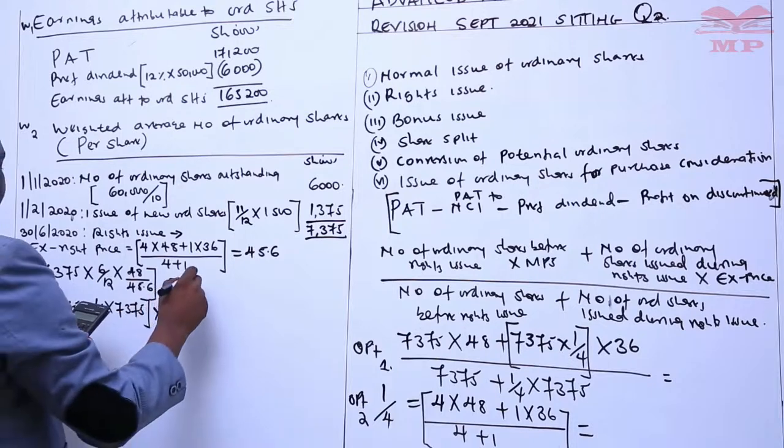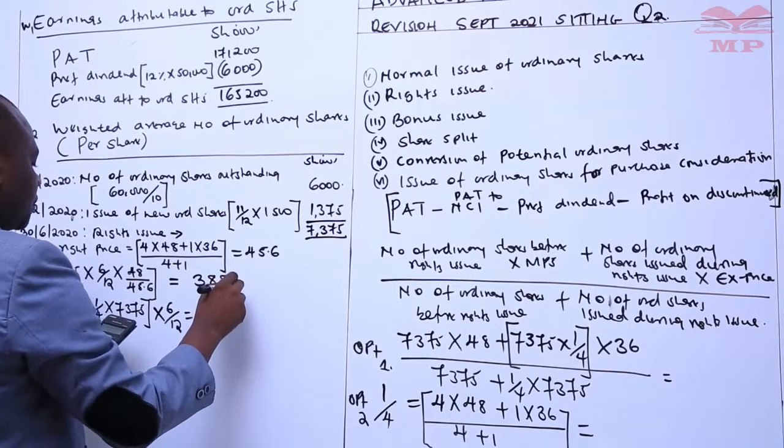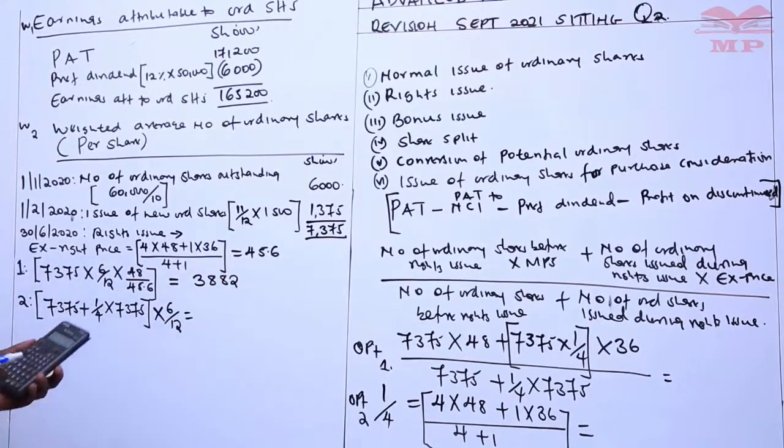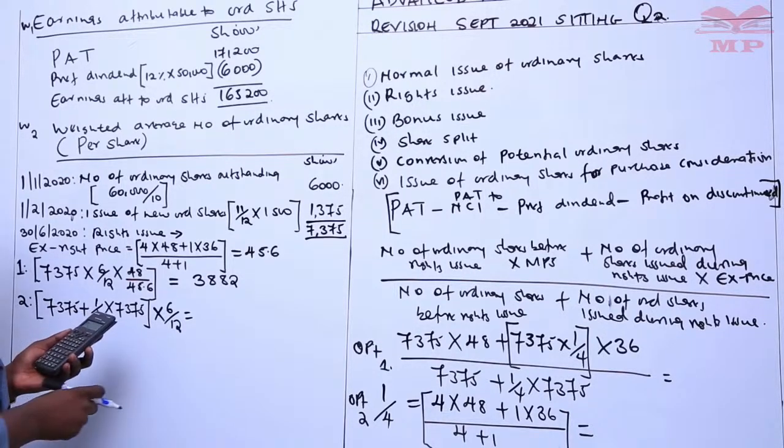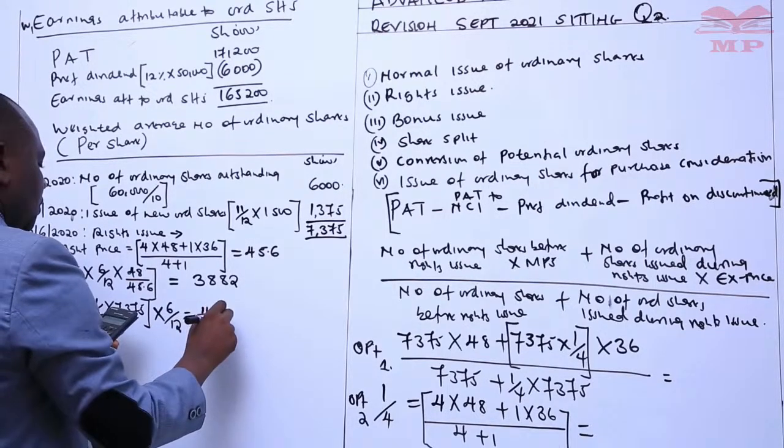So you get here 3,882. Then 73.75 plus 0.25 times 73.75 times 0.5. You get 46.09.